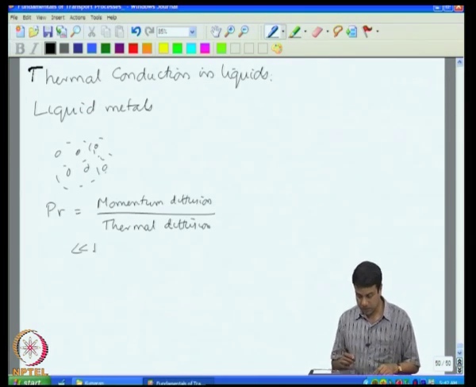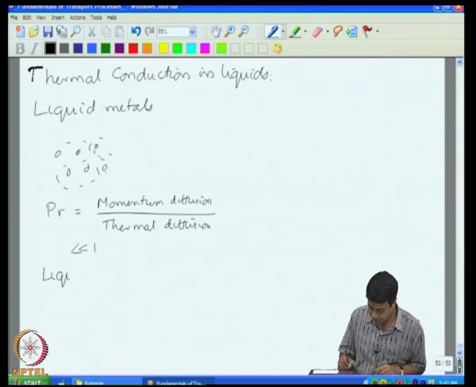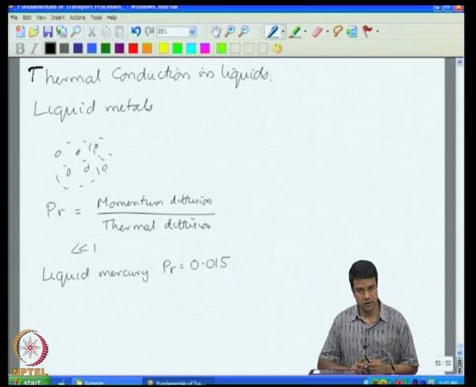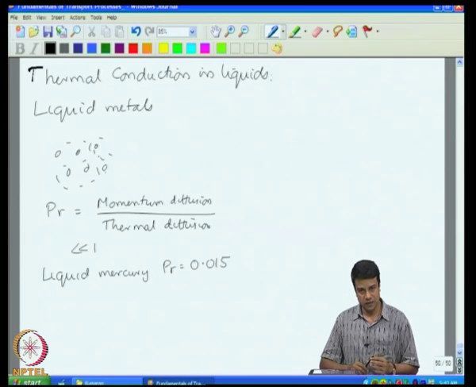For example, for liquid mercury, the Prandtl number is about 0.015. That means that thermal diffusion is 60 times faster than momentum diffusion. And as I told you, momentum diffusion in liquids is faster still than mass diffusion. So, because of this very efficient method of transport, the Prandtl number for liquid metals is actually very small.